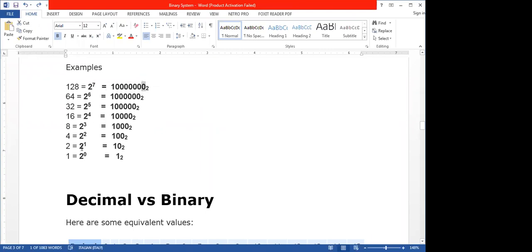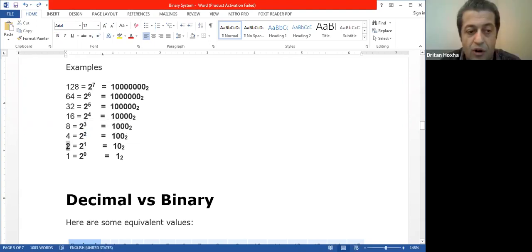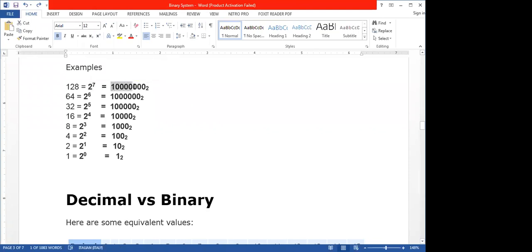We start counting powers from power 0: 0, 1, 2, 3, 4, 5, 6, and 7. So you should write 2 at power 7 with 8 positions here, with 8 digits.